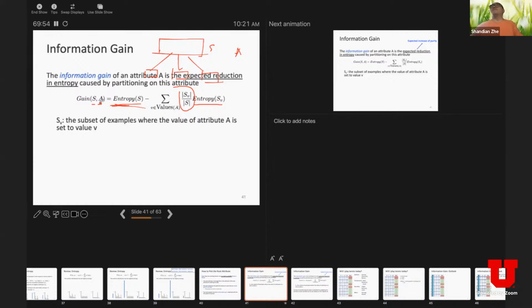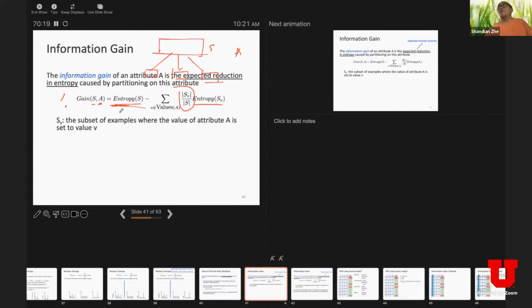Does it make sense? Entropy is always non-negative. And one interesting thing, if you're interested, please take a look at homework 1. There's one bonus question that asks you to show that information gain is always non-negative as well.